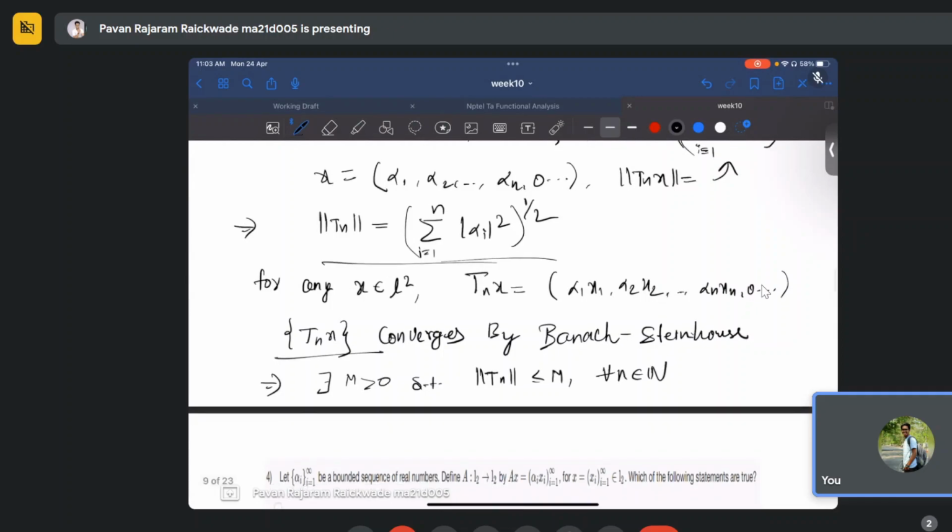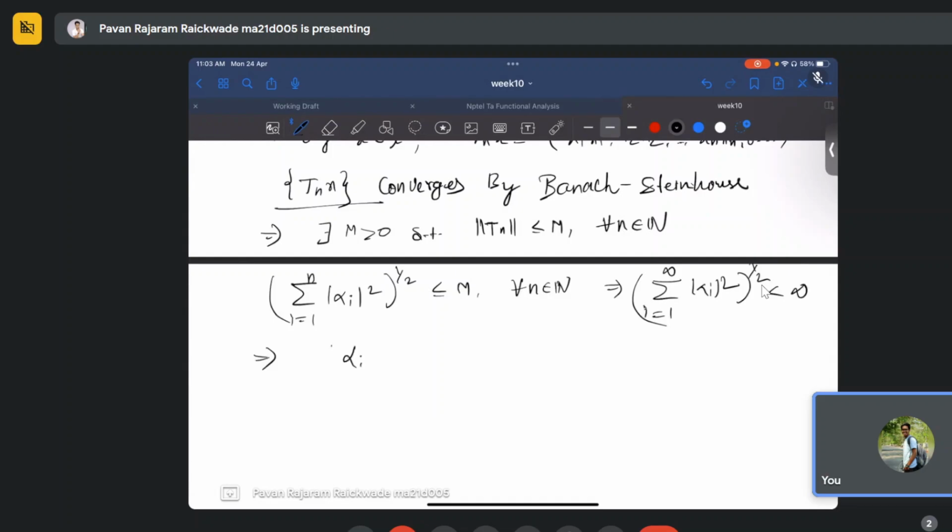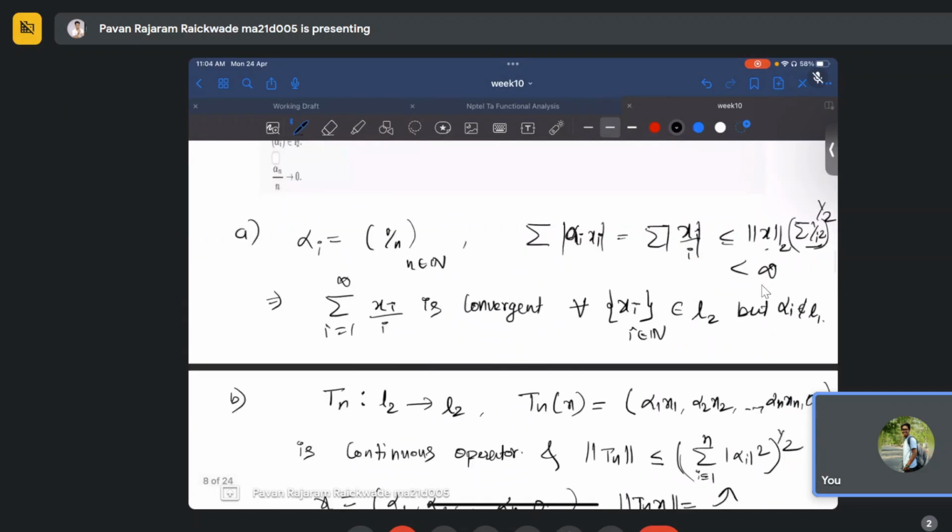But what is the norm of Tn? The norm of Tn is the sequence of partial sums of the series, the summation of the modulus of alpha i squared, i going from 1 to n, raised to 1 by 2, which is less than or equal to M for all n. This is a sequence of partial sums of non-negative terms. That means the series is convergent. This implies this sequence alpha i belongs to L2. This is what we wanted.